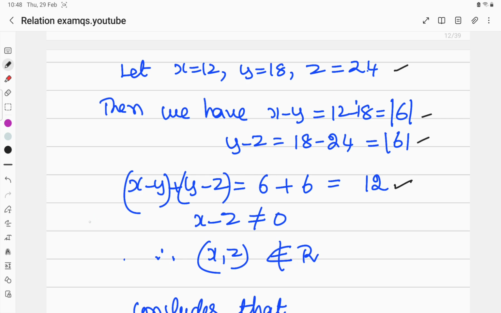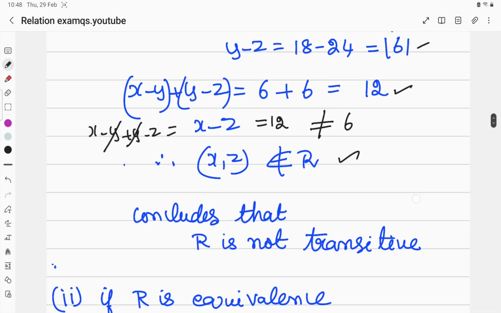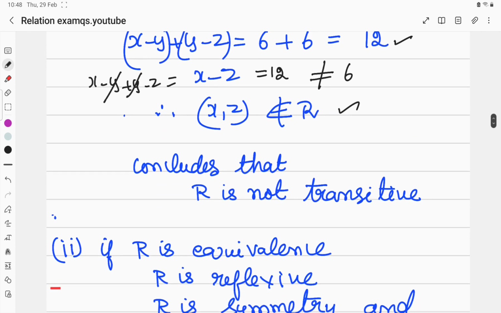That does not give 6. Therefore, (x, z) does not belong to R. This concludes that R is not transitive.